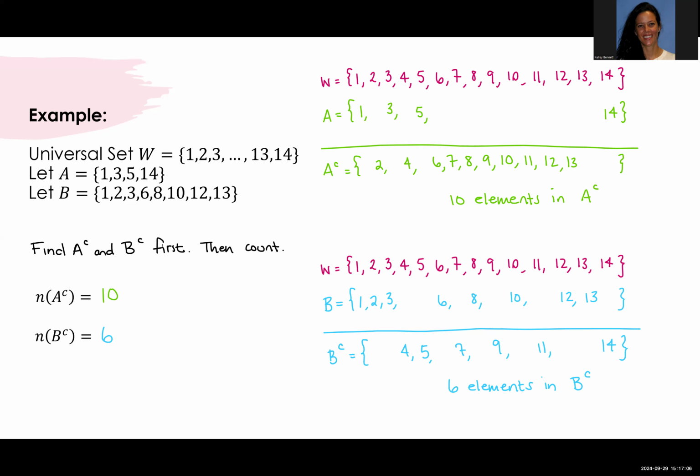Similarly with B, how many elements are in the set B? There are 8. So shouldn't it be that 6 were missing, since 8 plus 6 is 14? So that's another clever way that you can determine the cardinality for complements.